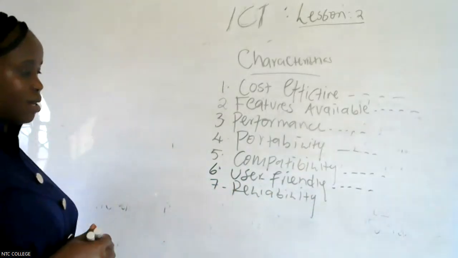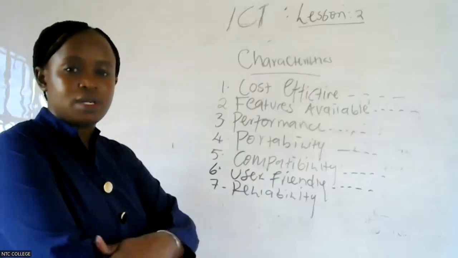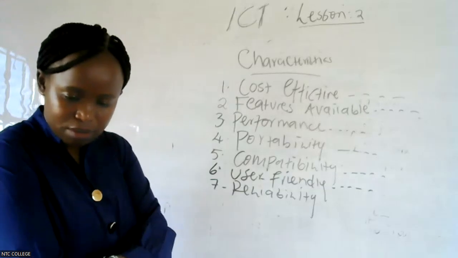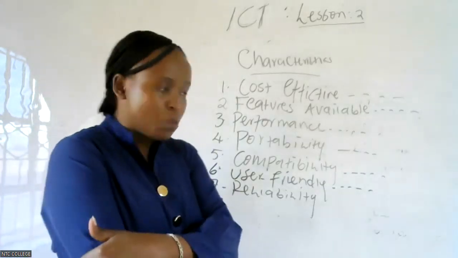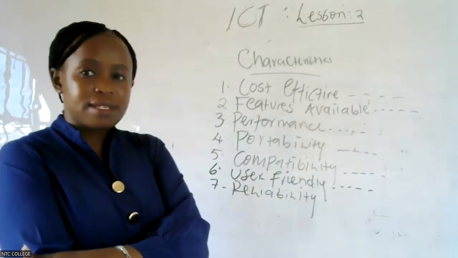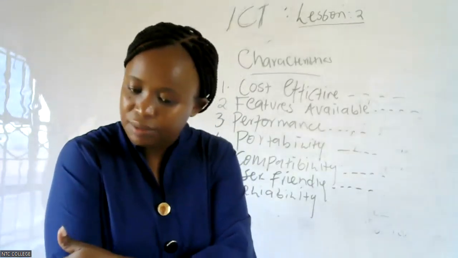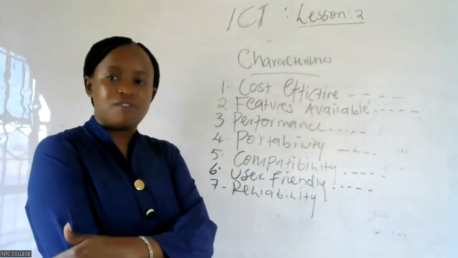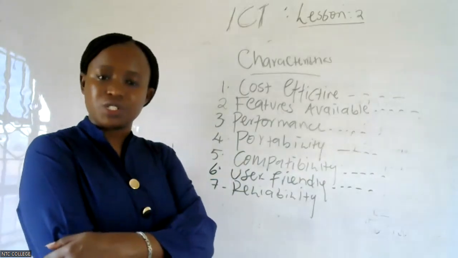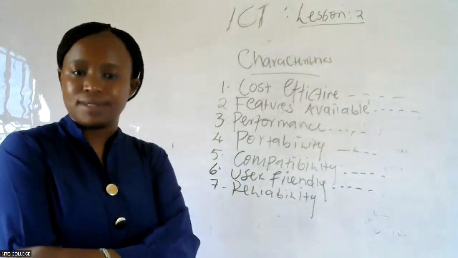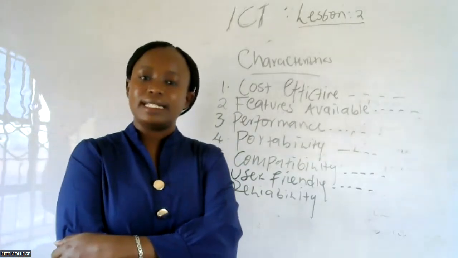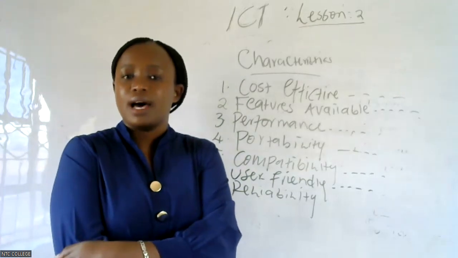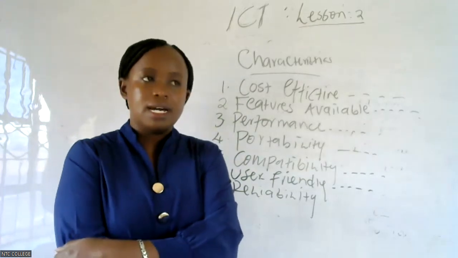Reliable. If something is reliable, we know that it won't fail you. It won't let you down. The same way, we need these softwares to be reliable. Reliable means it should perform its functions up to optimality without letting the user or the organization miss out in anything.